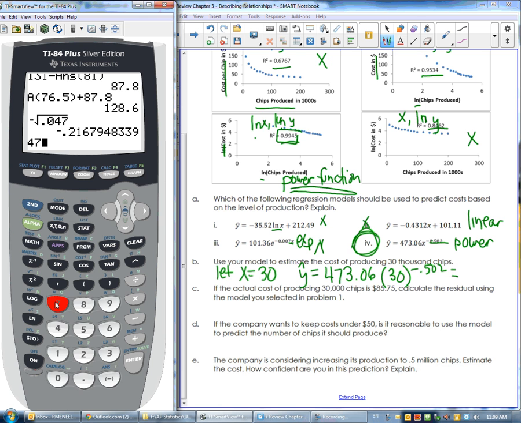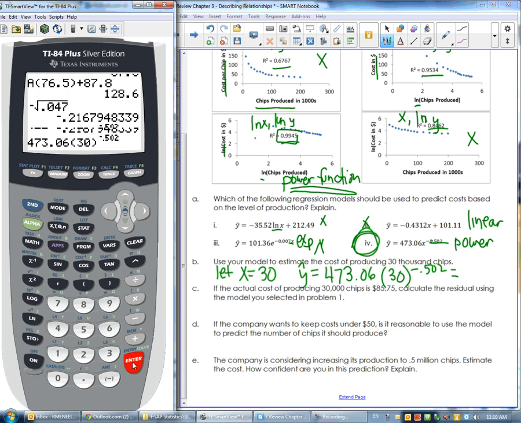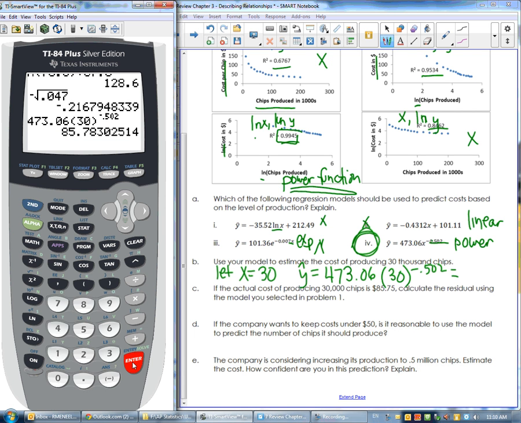If I do this on my calculator, I get 85.783. Since this is in dollars, I can just round to 2 decimal places. So I would expect that the average cost per chip would be $85.78.